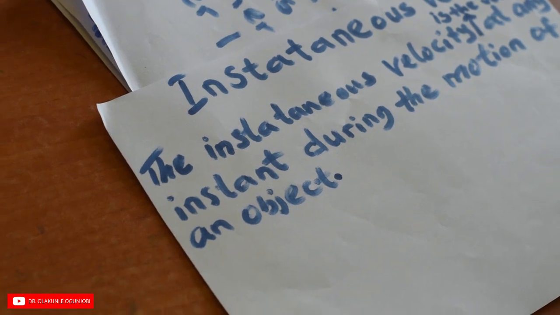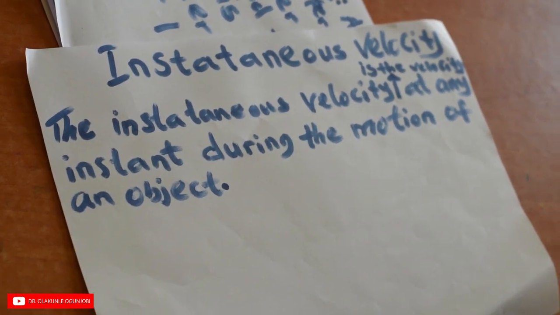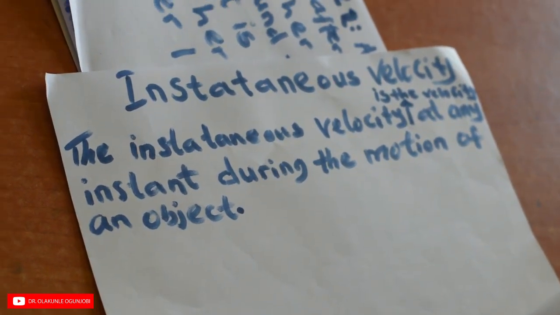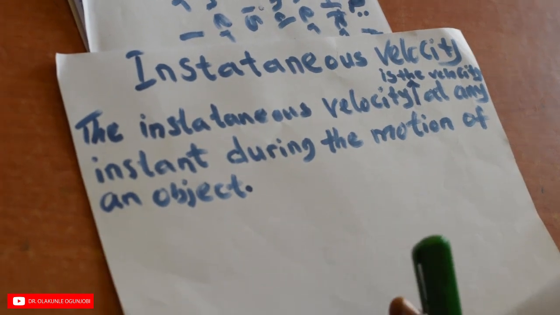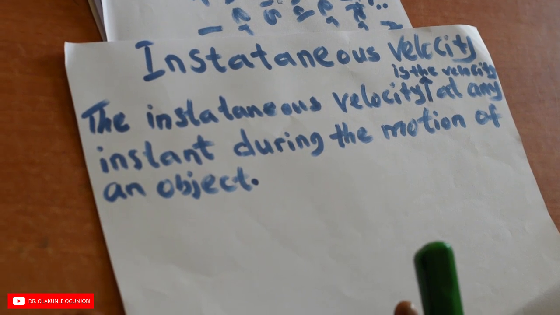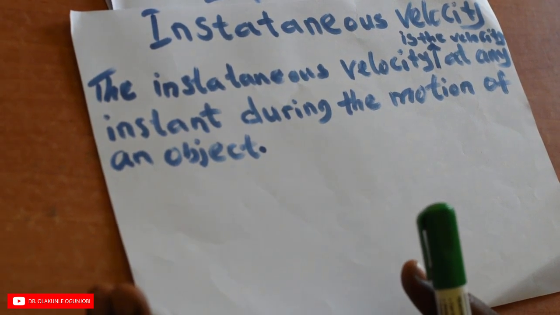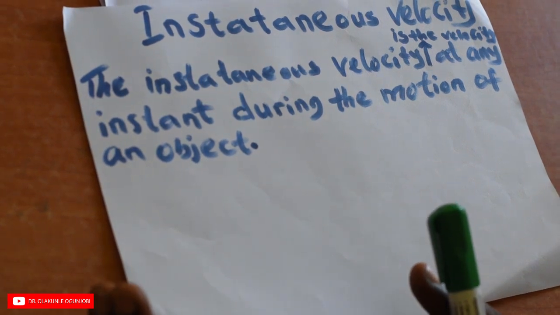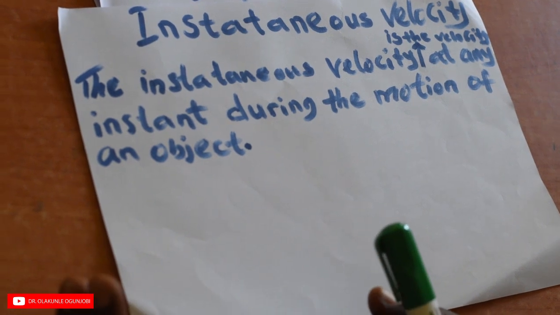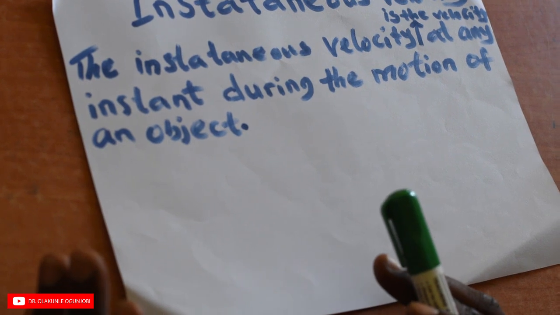Instantaneous velocity is the velocity at any instant during the motion of an object. In order to obtain an estimate of an instantaneous velocity, measure the displacement over a very small interval.